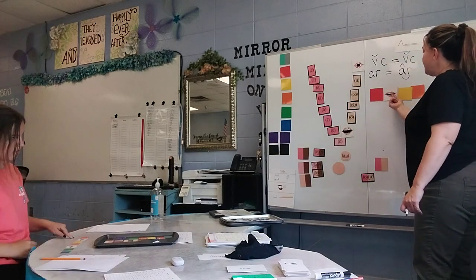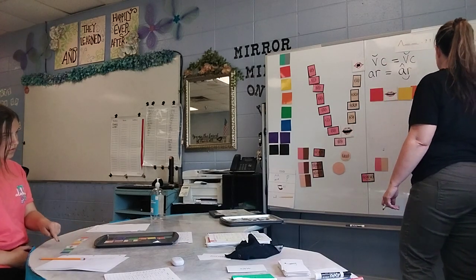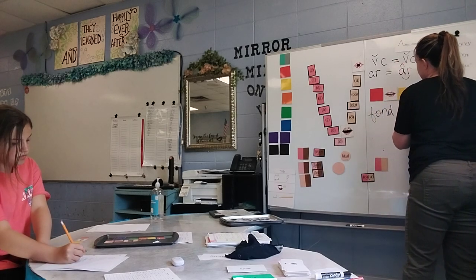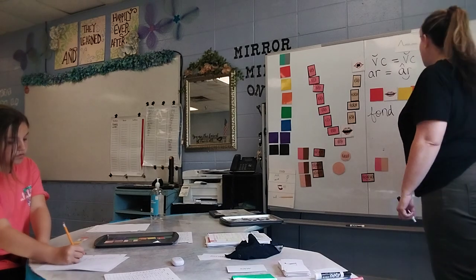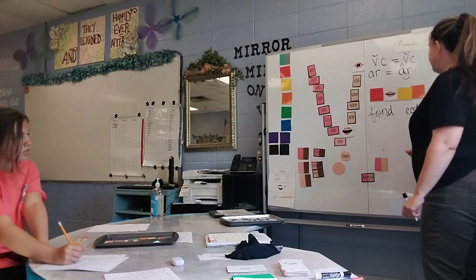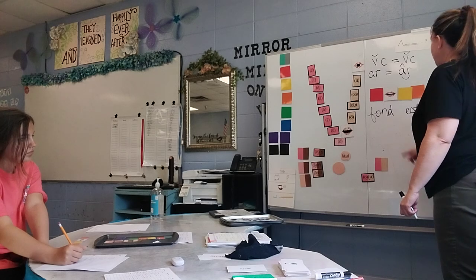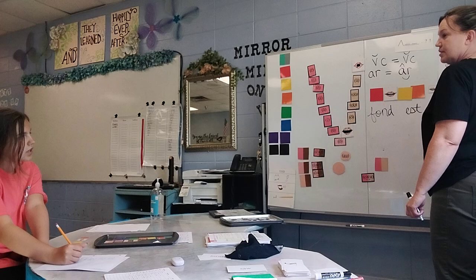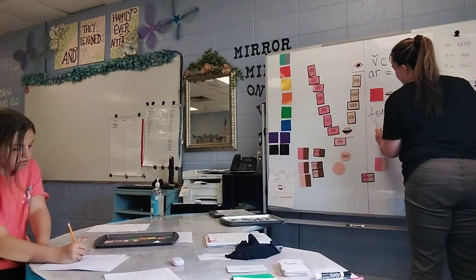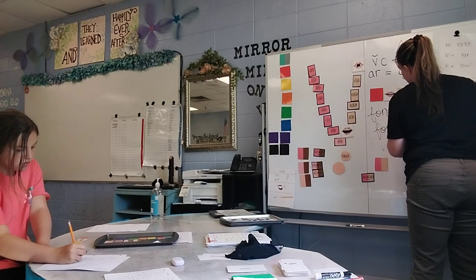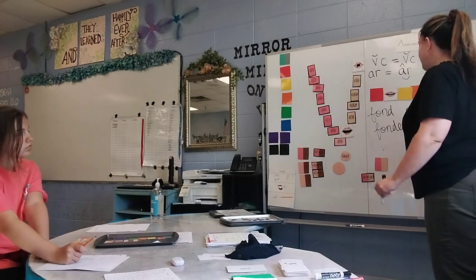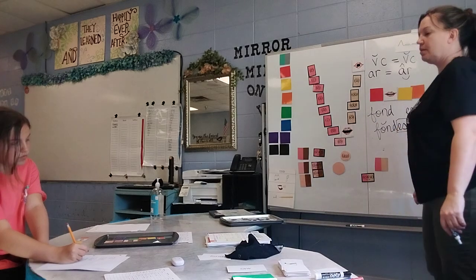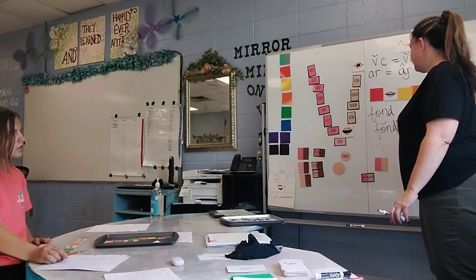F-O-N-D-E-S-T. Let's write it. All right, we're adding a vowel suffix. So we're going to have to look over here. We look at the last two. What are those? Consonants. The last two are consonants, so we just add. So we have F-O-N-D-E-S-T. We're going to code and read. Vowel followed by consonant. Code it with a breve. What is our word? Fondest. Very good job.